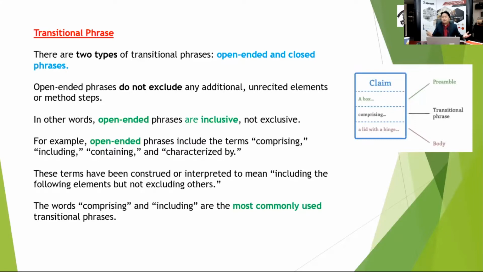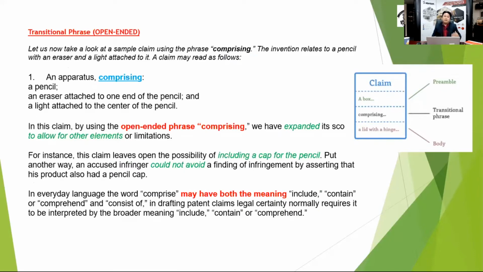These are the words that patent drafters or patent agents normally use when we want to tell the examiner that our apparatus, method, or process includes or comprises all this. So you must play with the words, either open-ended or closed-ended. Now let me give you an example of an open-ended transitional phrase.